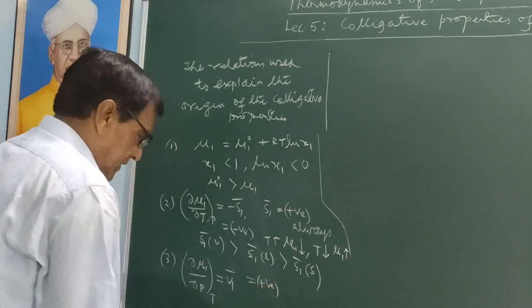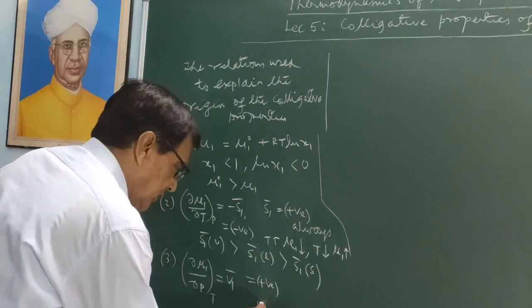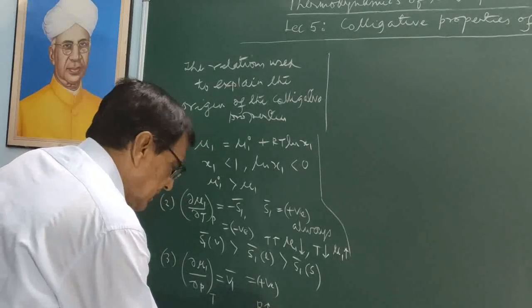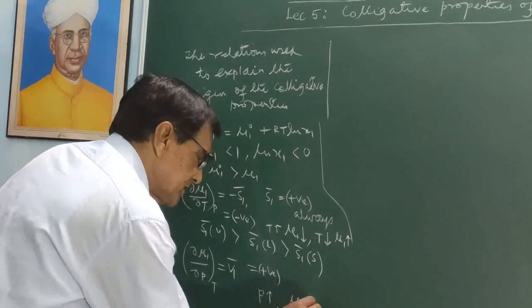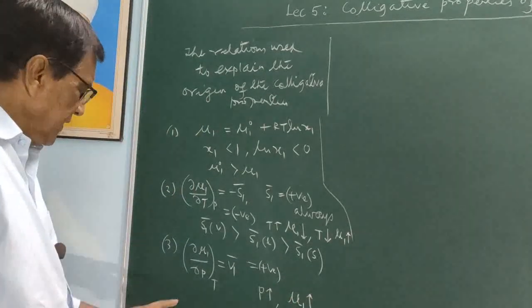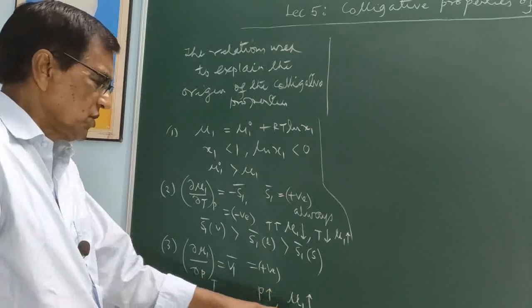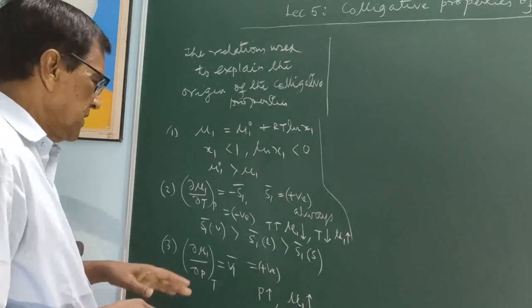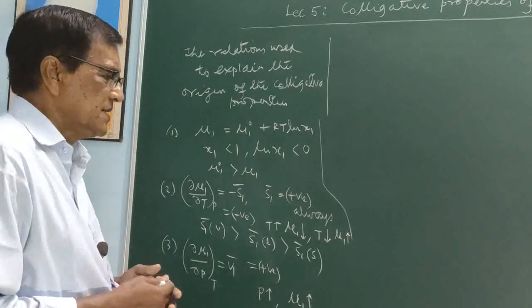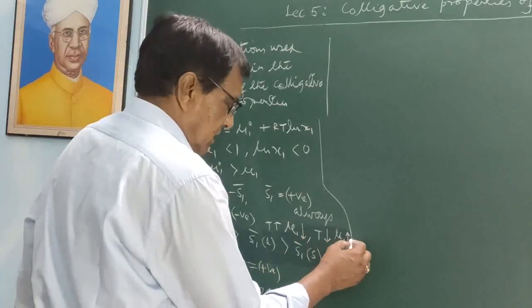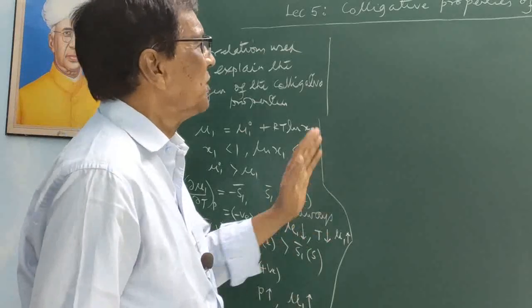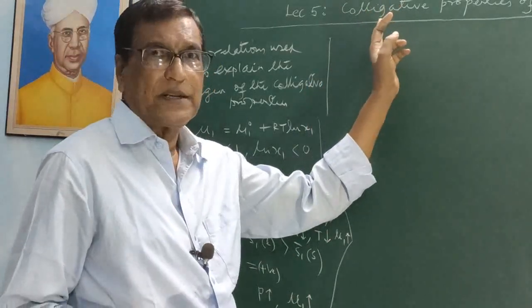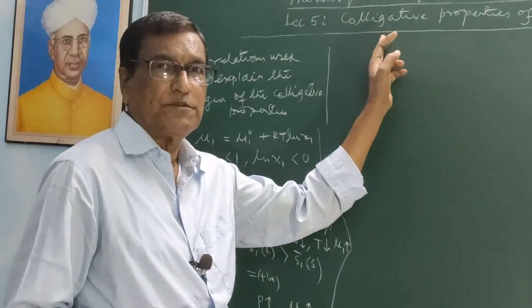It means that if we increase the pressure, then the chemical potential of the solvent will increase. With increase of pressure, chemical potential of the solvent will increase. So these are the three relations I shall correlate to explain the origin or the development of the colligative properties of this solution.